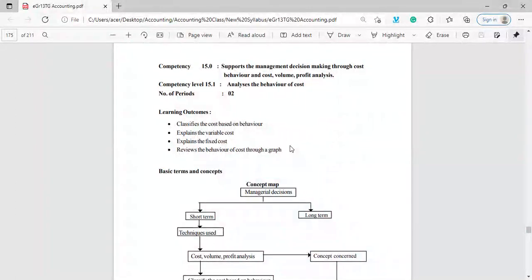So the main thing in this analysis, we use the cost as fixed and variable. We don't classify as direct and indirect, as you did for overhead costing. But here we don't classify that at all. We classify the cost mainly as only fixed and variable. So using that, we do some analysis we call cost volume profit analysis, for cost, volume and profit analysis.